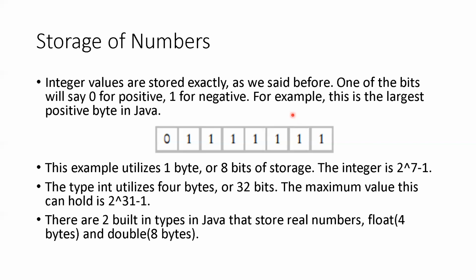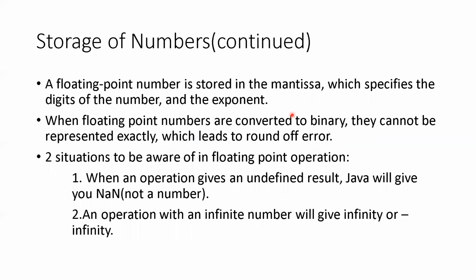There are two built-in types in Java that store real numbers: float, which is 4 bytes, and double, which is 8 bytes. So a floating point number is stored in the mantissa, which specifies the digits of the number, and then we have the exponent.